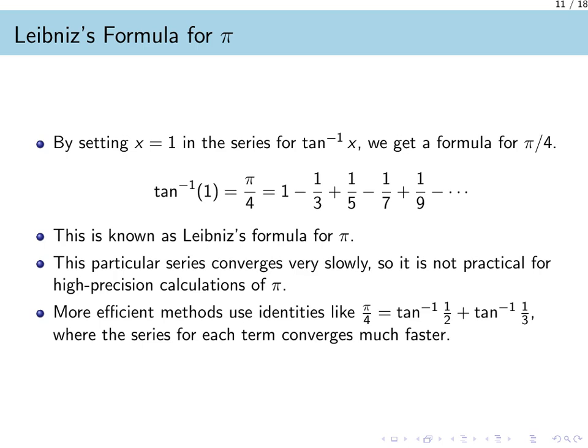For example, pi over 4 also equals the sum of the inverse tangent of 1/2 and the inverse tangent of 1/3. Because the arguments 1/2 and 1/3 are much closer to 0, their respective series converge very quickly. This means that for practical calculations, we use the same core series but with smaller inputs for x to ensure rapid convergence.